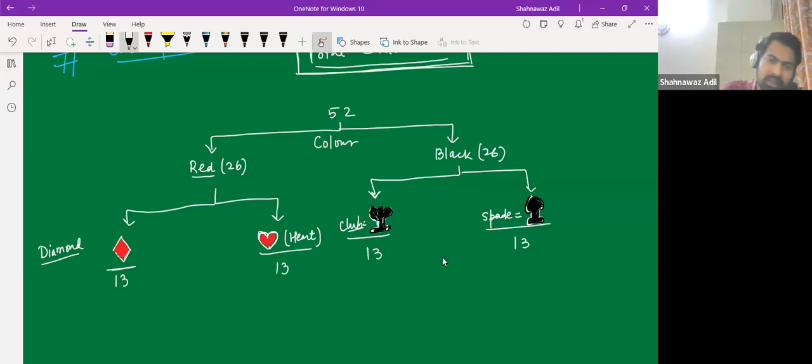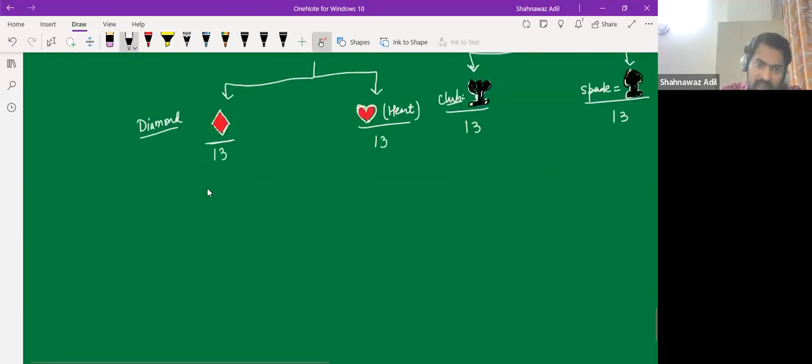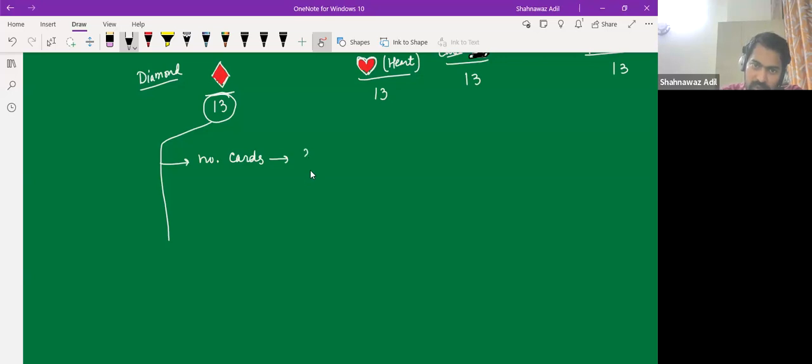Now again, all these 13 cards are divided in a different way. So in this set of 13 cards, the first one is the number cards. So this goes from 2, 3, 4, 5, up to 8, 9, and 10. How many is this? 1, 2, 3, 4, 5, 6, 7, 8, 9. So we have 9 number cards.